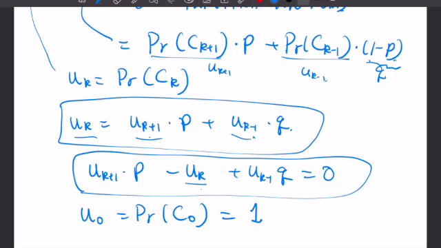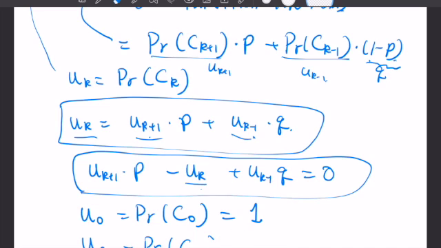And the other boundary condition is u_A, where A is the total amount of dollars. So that means the probability of ruin starting from $A. That means Alice has won all the dollars from Bob, right? So that means the game is over and Alice cannot be ruined anymore.